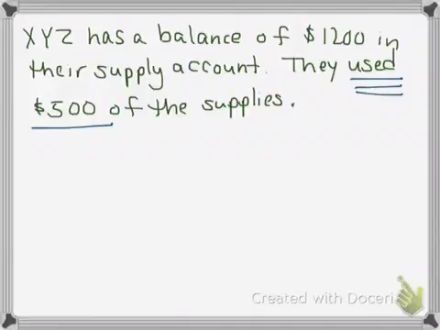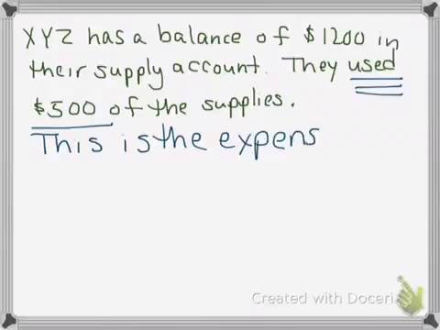Now whenever you see that, that means that this is the expense. We don't have to go in and look at the T account. We don't have to go in and look at anything because we know how much we used. In the previous example, we didn't know how much we used. We knew how much we still had. On this one, we know how much we've used.